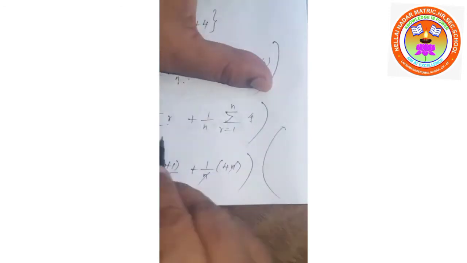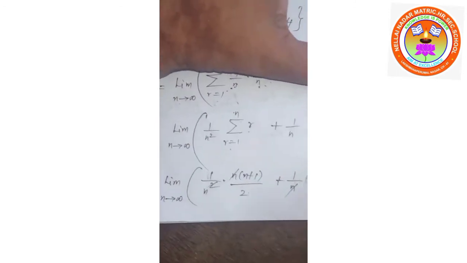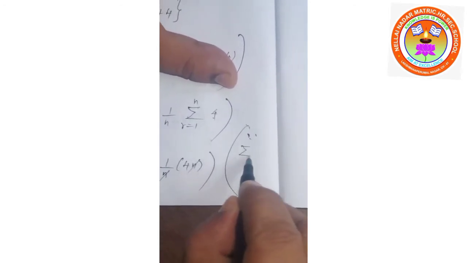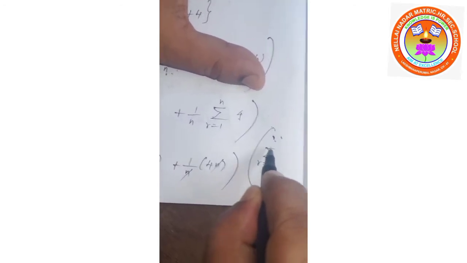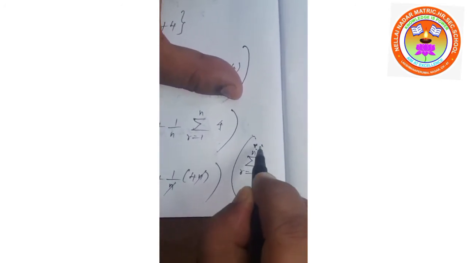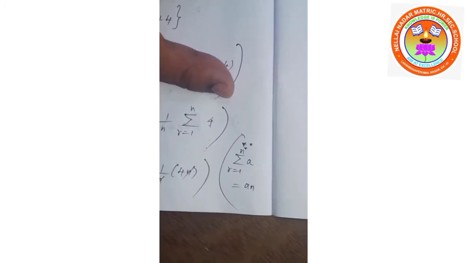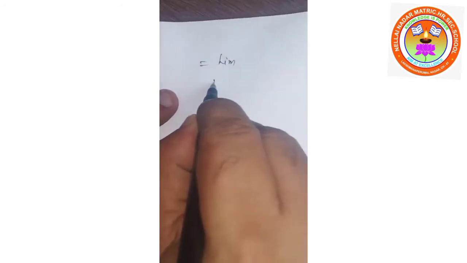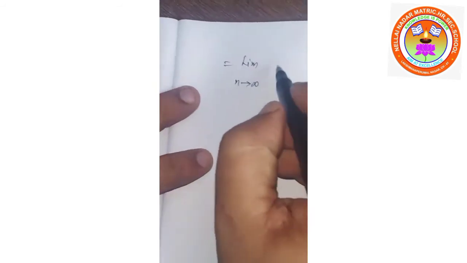For your reference I write the note. This one is a direct formula. For this one only I write the note. Since sigma r equals 1 to n a is equal to an, that is equal to limit n tends to infinity.